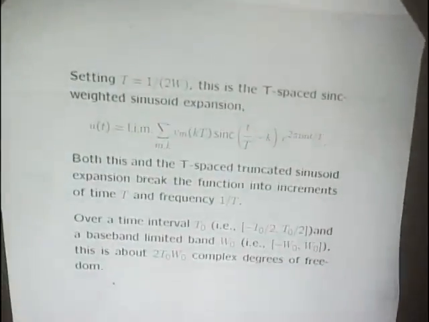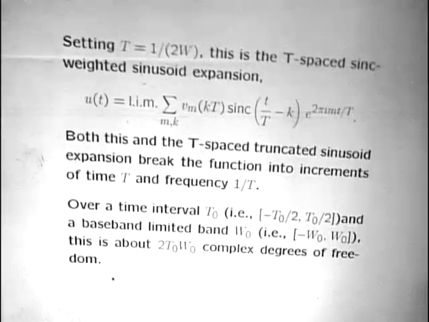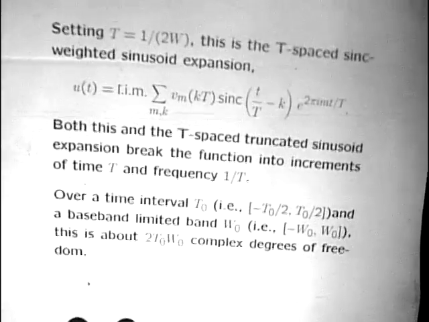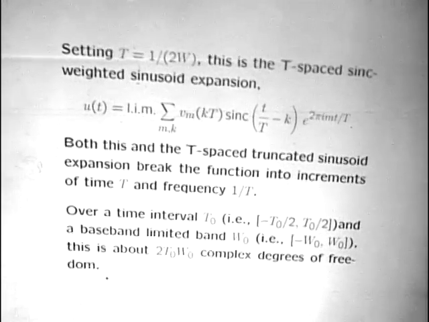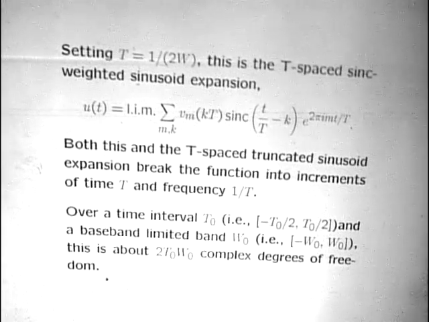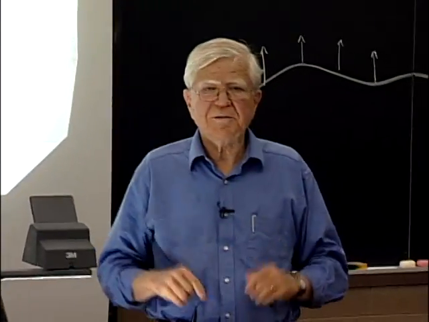Okay, so this then is just this thing we're going to call a T-spaced sinc-weighted sinusoid expansion. So the only thing we have is this one sinc function, which is this hat sort of function.